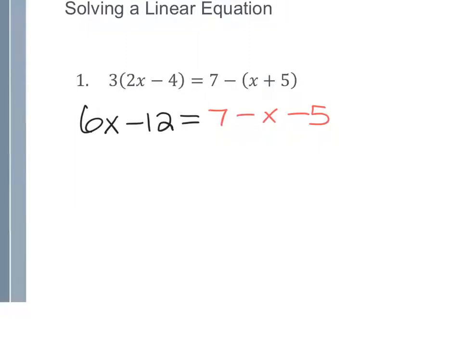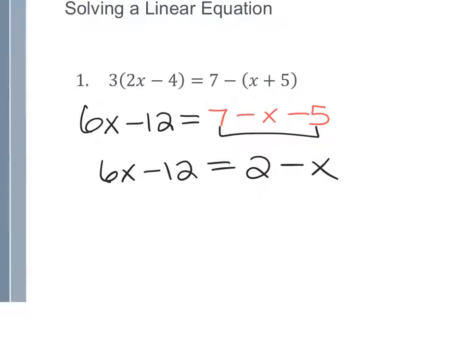Now I'm going to combine my like terms over there on that red side. So I would get 6x, I'm just rewriting the problem, equals, and I'm going to combine the 7 minus 5, and I get 2 minus x. Now I'm going to move my variables together, and again, it doesn't matter which way you move them.